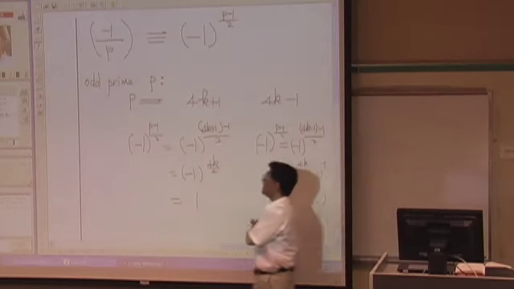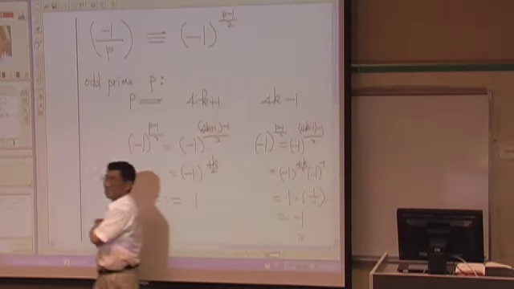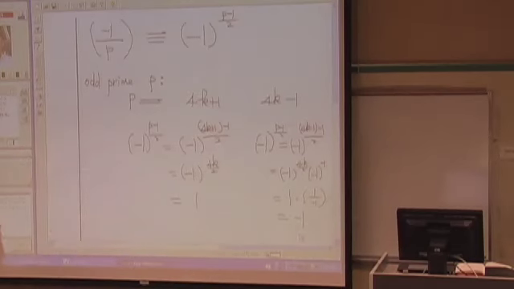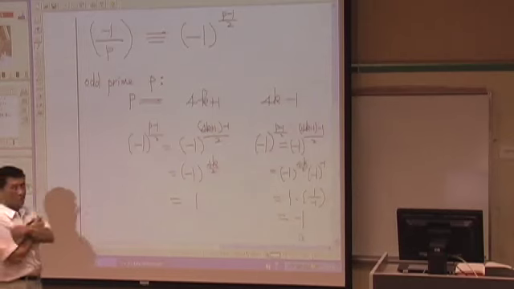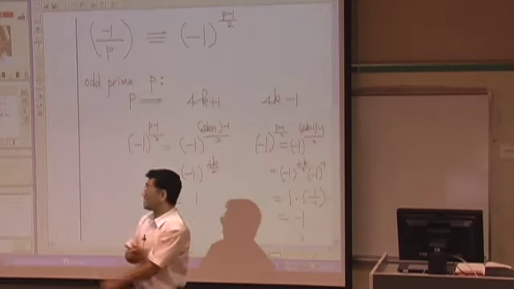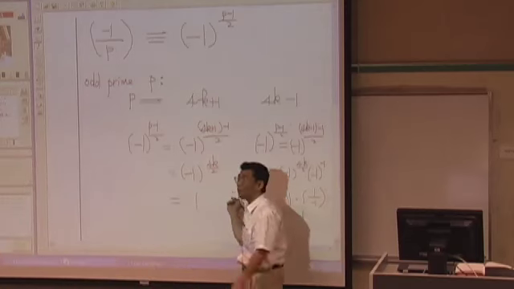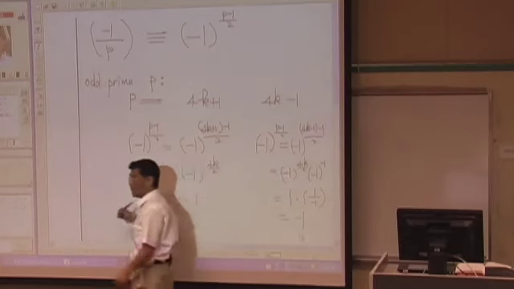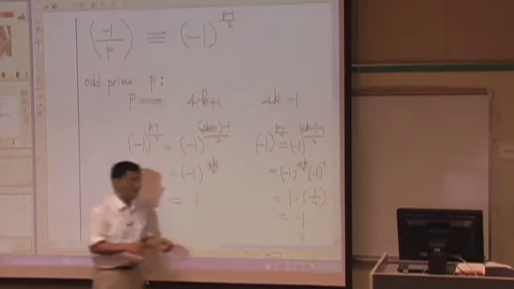So, as you can see, it depends on P. If P is 4K plus 1 type, it is a quadratic residue. If it is 4K minus 1 type, it is a quadratic non-residue. It depends on type. And in fact, we proved this before using Wilson's theorem.